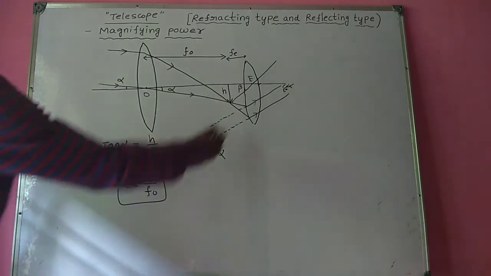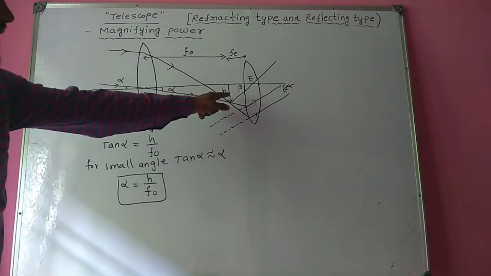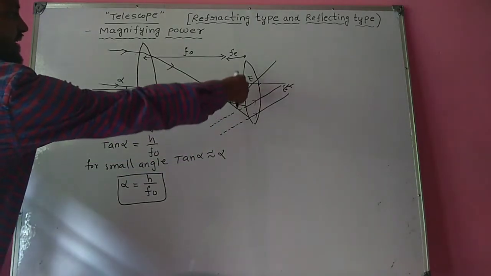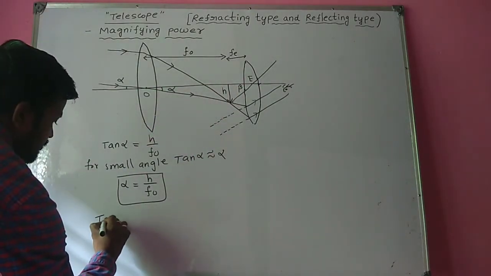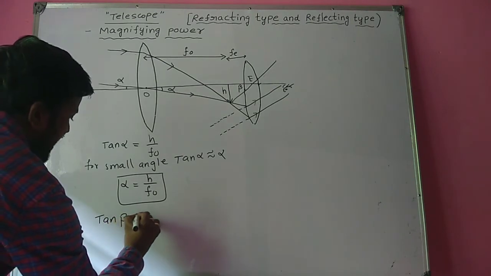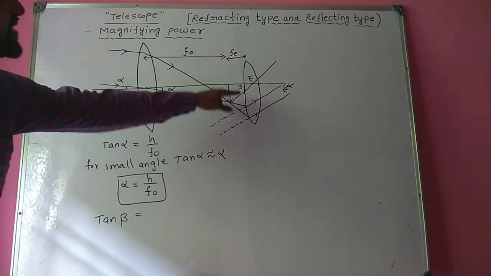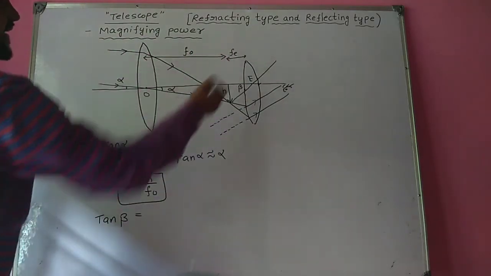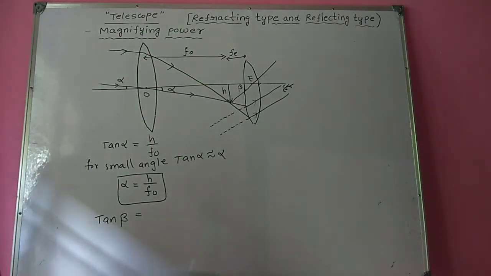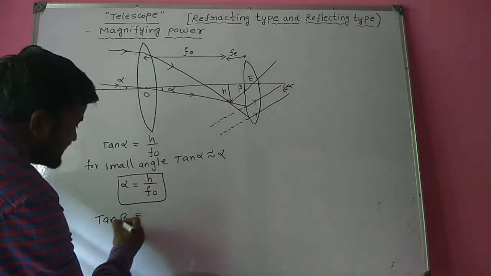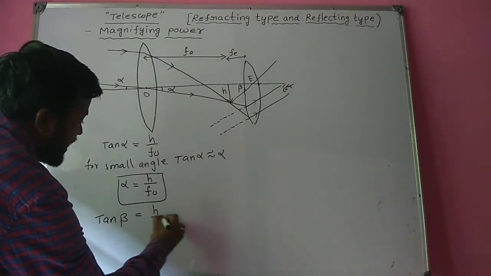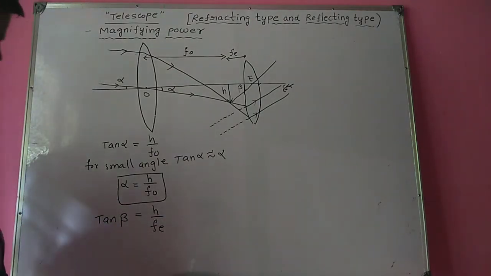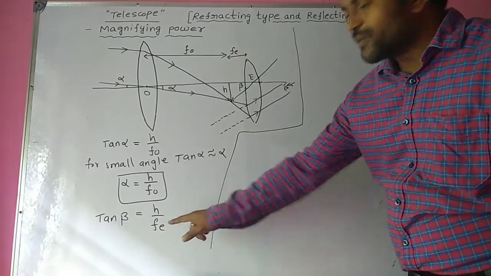Now similarly, this is the angle beta. Beta is the angle made by the image at the eye. Now from this triangle, let us consider tan beta. Tan beta is equal to the opposite side h by the adjacent side Fe. So tan beta is equal to h by Fe.